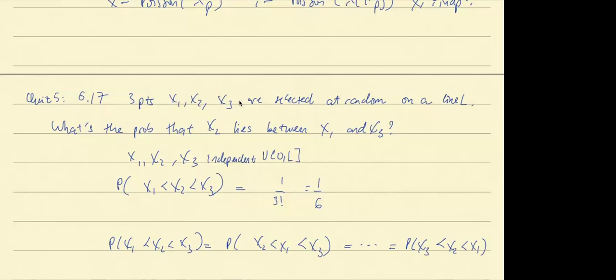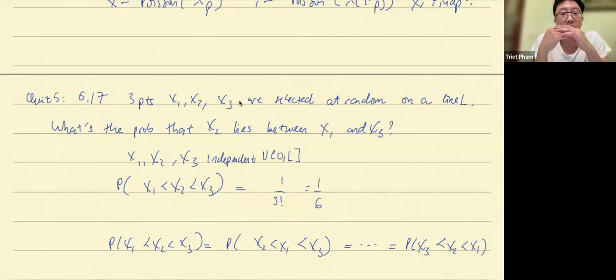Doesn't the wording of the question imply that you can also have the last scenario and it would count as a solution, because x2 is in between x3 and x1? Oh, you know what? I appreciate that comment. I was not reading the question carefully. I was just focusing on this. So you're absolutely right.